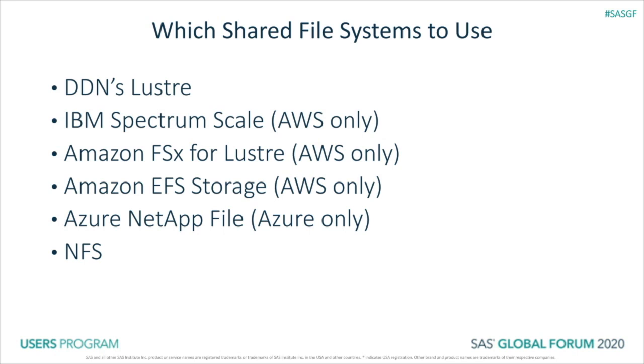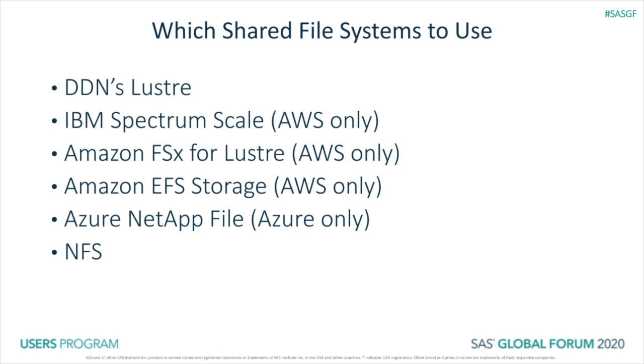Azure has their NetApp file system available, ANF. It runs on a NetApp per the title, and it uses NFS. So that is another shared file system. There are several limitations for using NFS in that it's not designed for doing heavy writes to that file system. So you have to be careful with it.